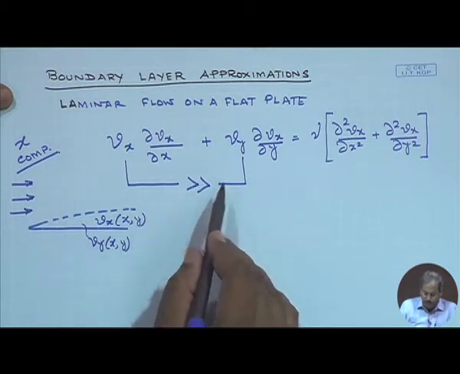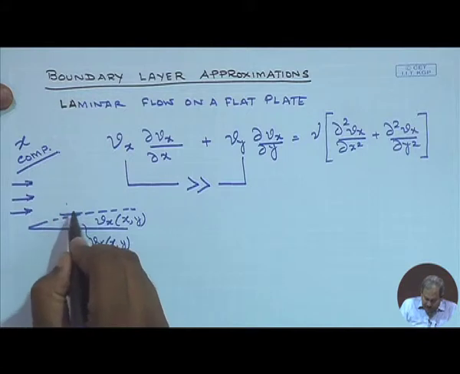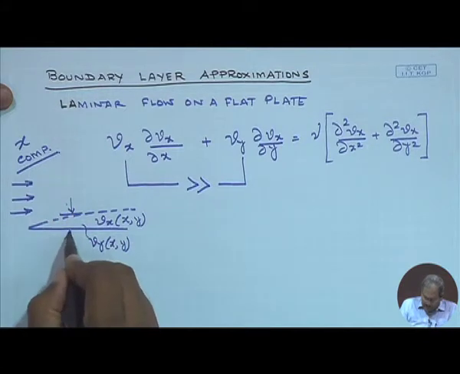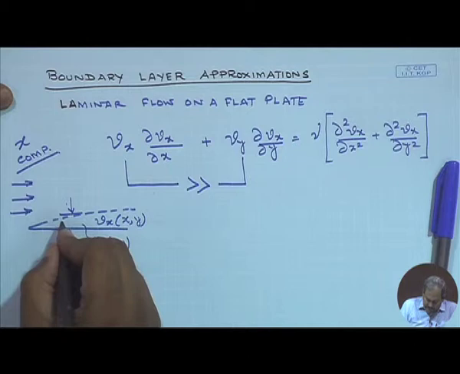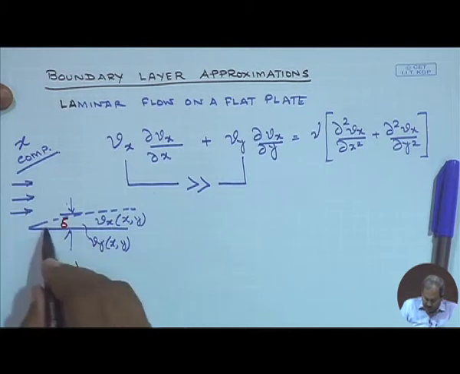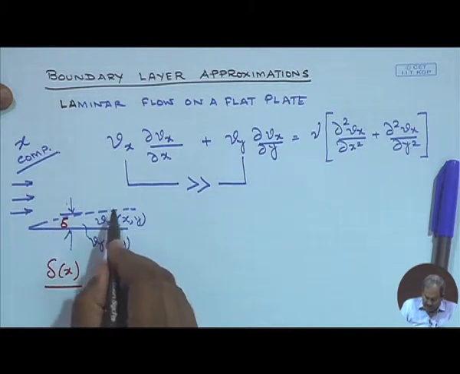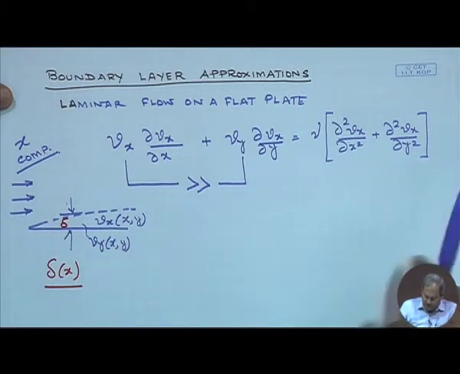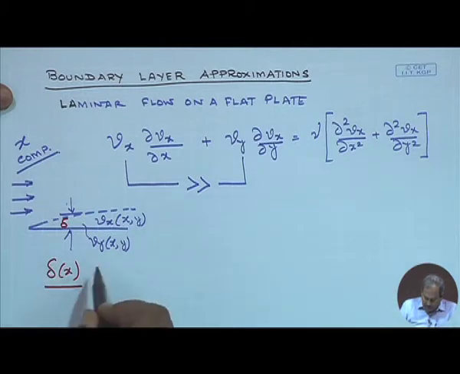The boundary layer thickness at any point is delta, and we understand that delta is a function of x. As x increases, delta keeps on increasing. However, the value of delta is generally quite small.